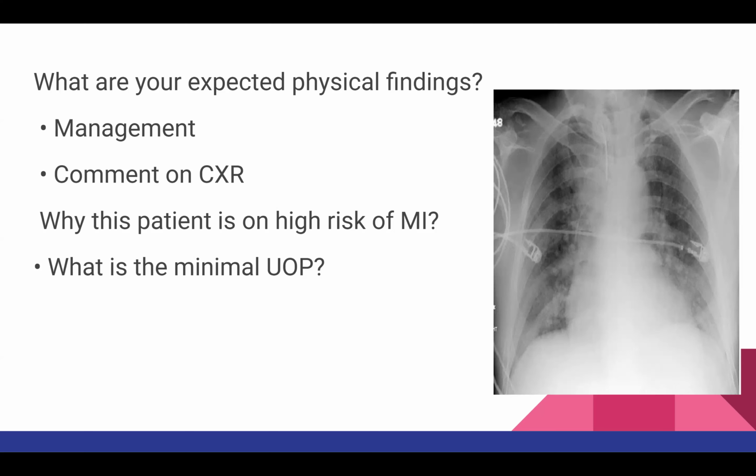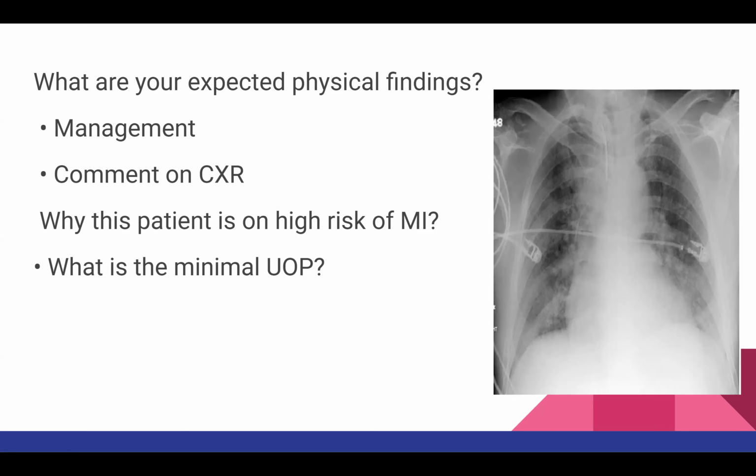Why is this patient at a higher risk of developing myocardial infarction? The risk of developing cardiac infarction is because of high BP and heart rate, and there is also a fluid overload. Since this patient has fluid overload, the heart's efficiency in pumping will be affected.